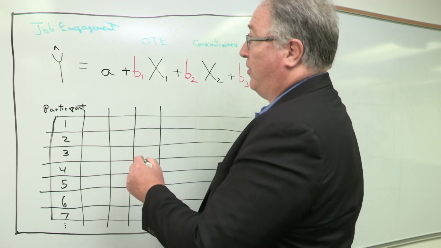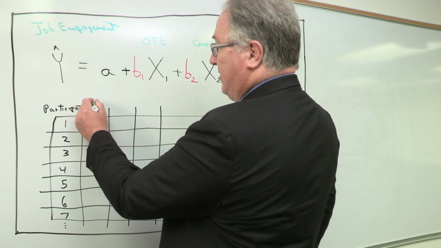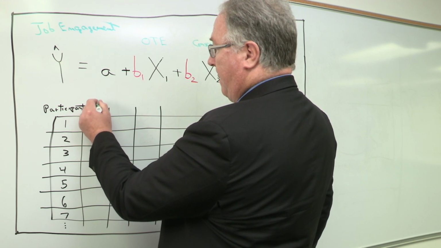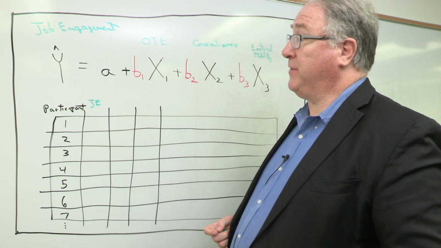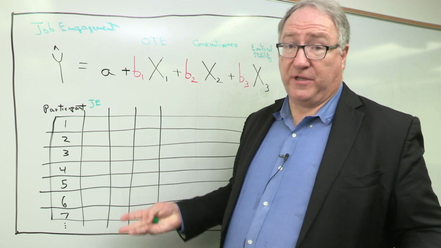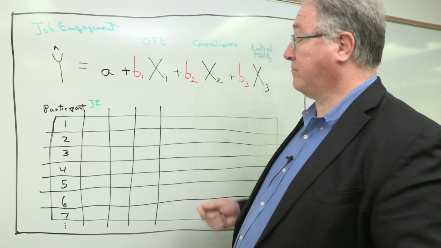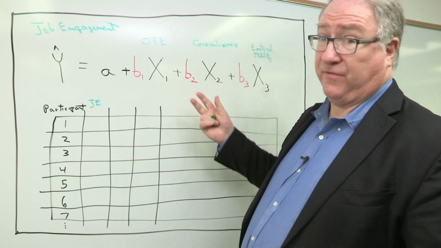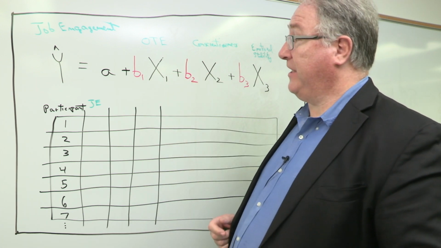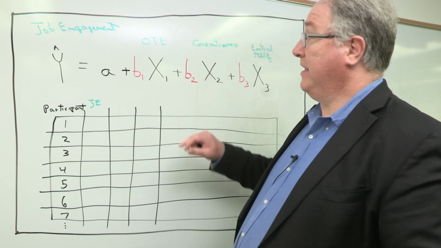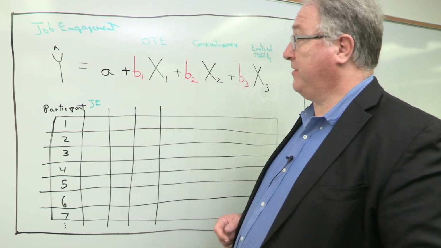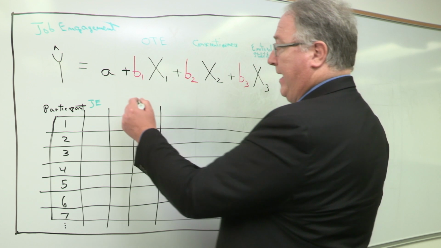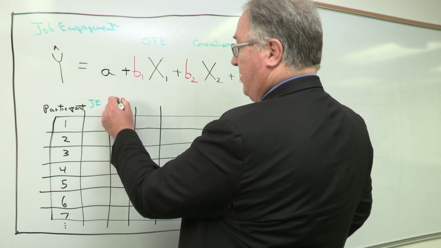So here our first variable is job engagement. And again, we have a measure for job engagement, and we're going to get a score for each of our participants on job engagement. But we have additional variables that we collect data on from each participant. So here we have a measure of our first predictor variable, and that's openness to experience.